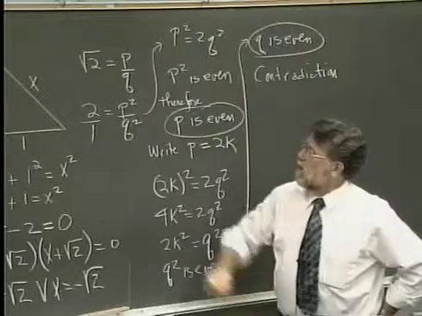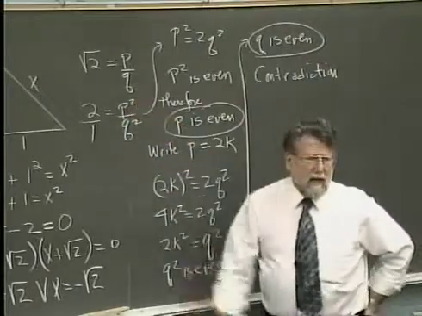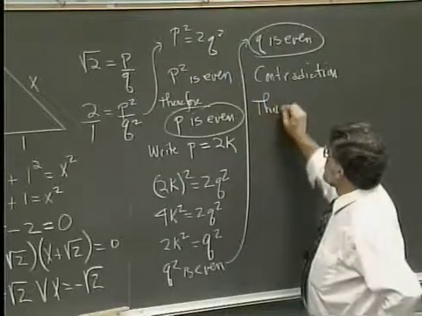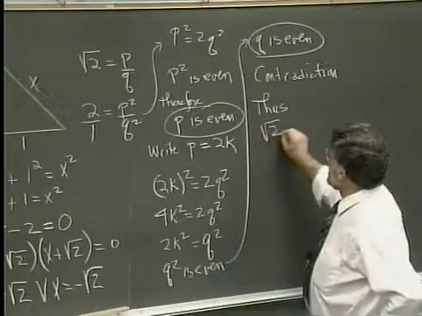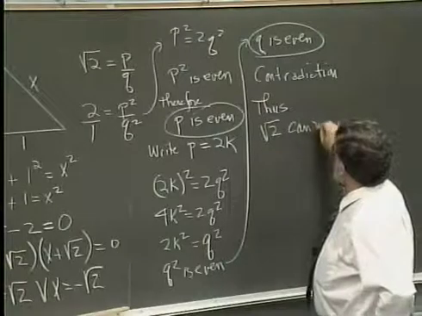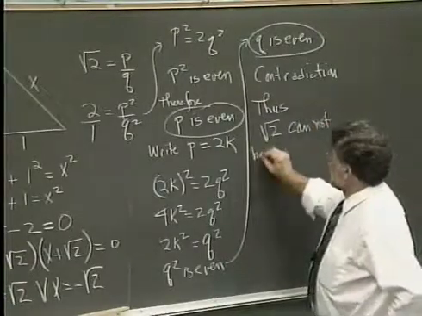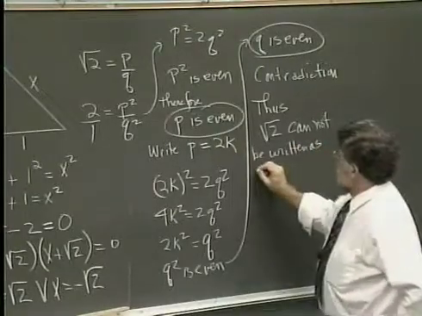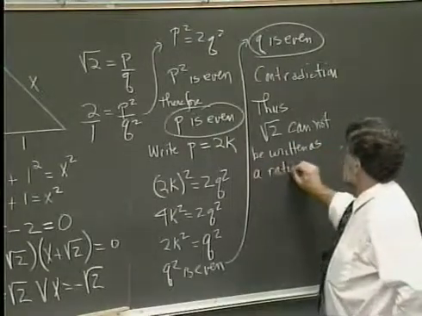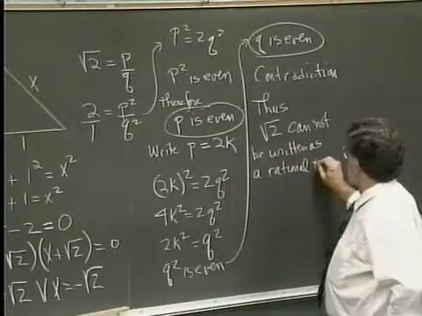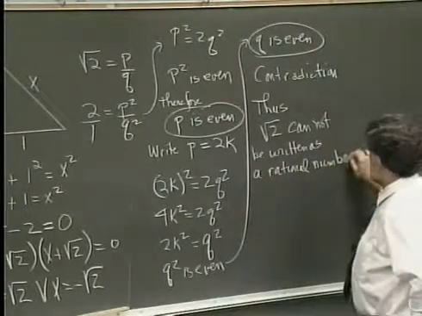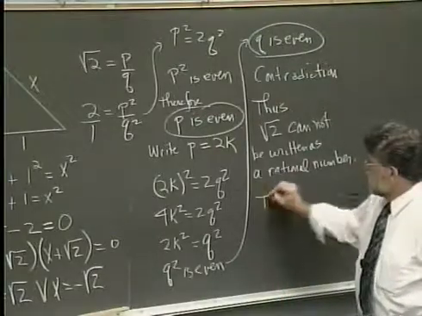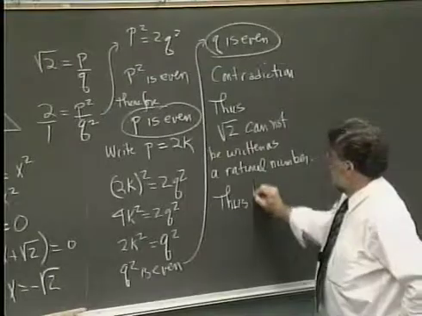But we said the assumption was right at the beginning that P and Q had nothing in common. This is a contradiction. Thus, the square root of 2 cannot be written as a rational number. So we had to do what? Extend our whole concept of numbers, thus the reals.